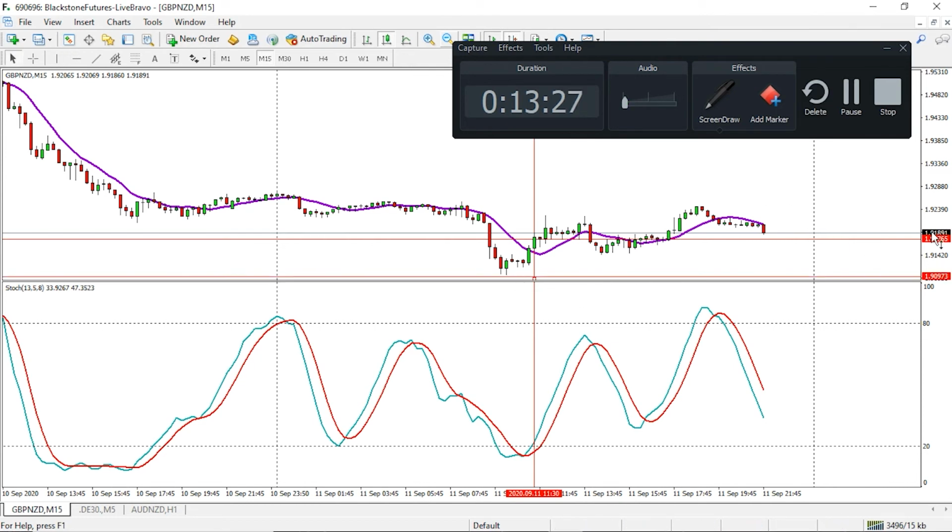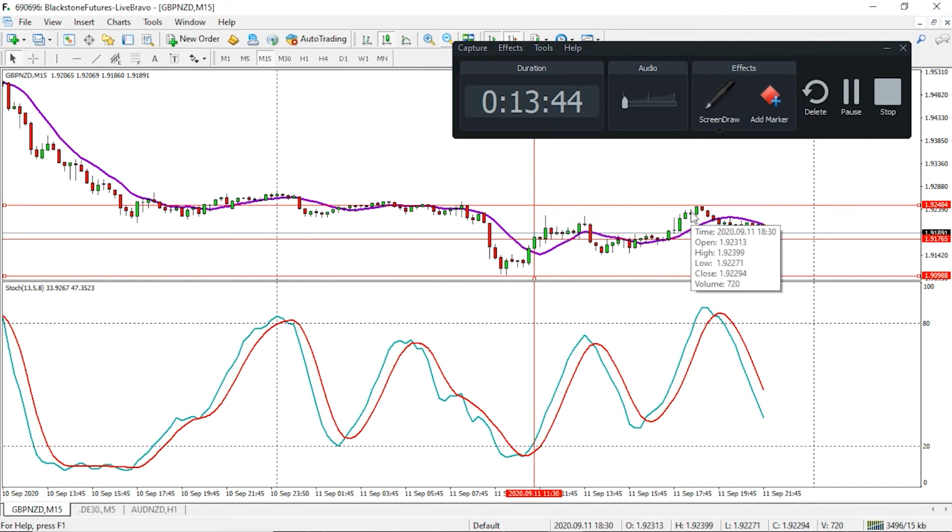So here we have 91.76. Let's call it 91.91. So we're looking for around 75 points. That would be around 92.40, 92.50. And there you have that 75 points on the 15-minute chart. Okay, so this was a long trade and a longer wait.